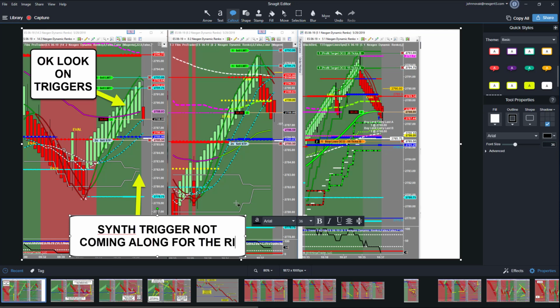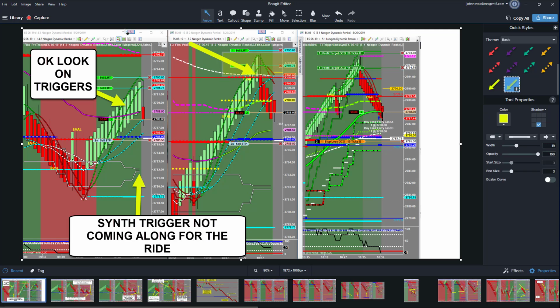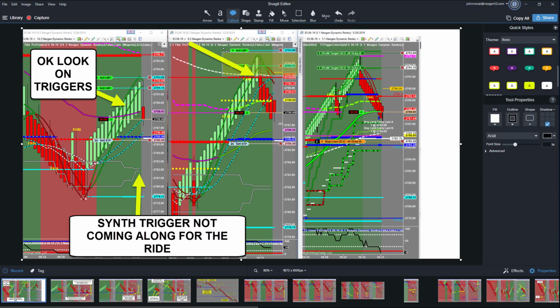Again, this is what we do in class. So if the synthetic triggers don't come along for the ride, what happened on the smaller charts that maybe would have kept you out of that long trade? So look, smaller charts, fibs hold. Let's just leave it at that, okay?